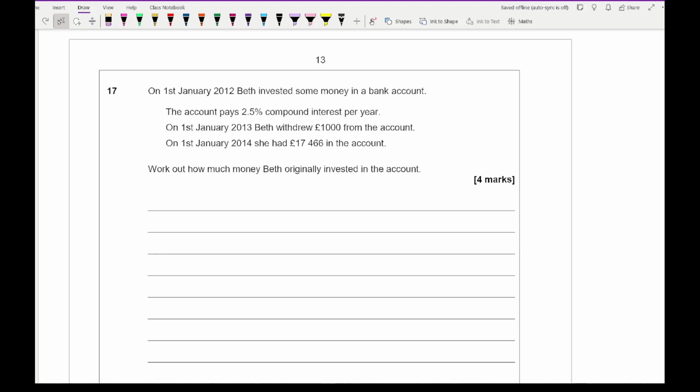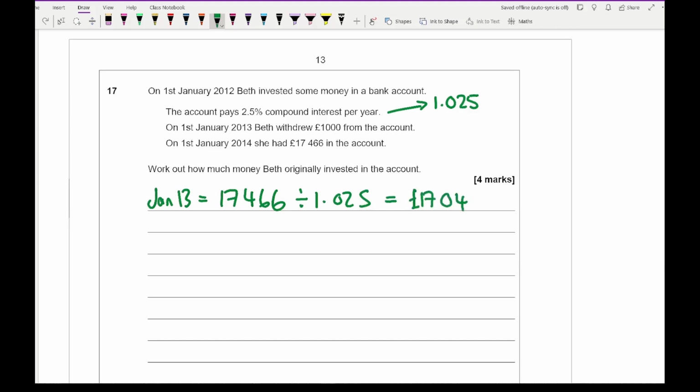So what we need to do here is work in the opposite direction. As the compound interest is 2.5%, the decimal multiplier is going to be 1.025. So let's have a look at how much she had in Jan 13. In Jan 13, it's going to be 17,466 divided by 1.025, and that comes to a total of £17,040.